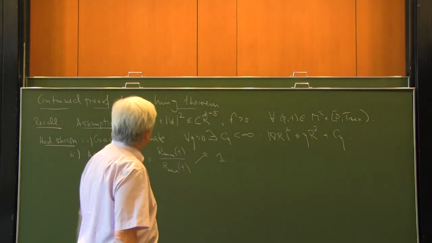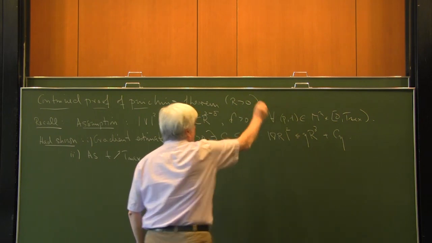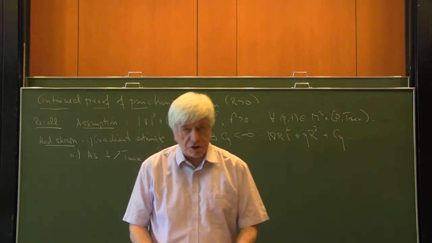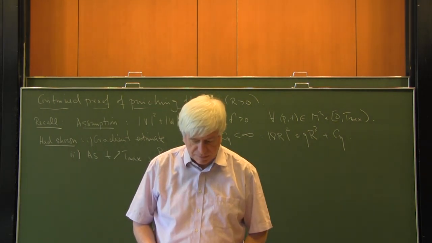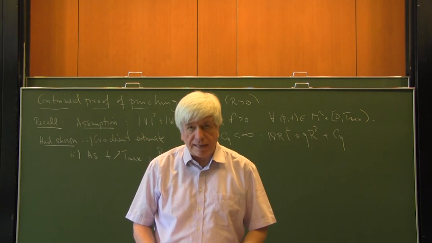And we are in the positive setting here, of course. So it's a constant positive curvature metric, a spherical space form. Now, the key point is to do the rescaling.